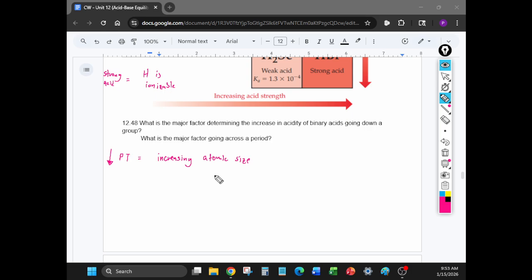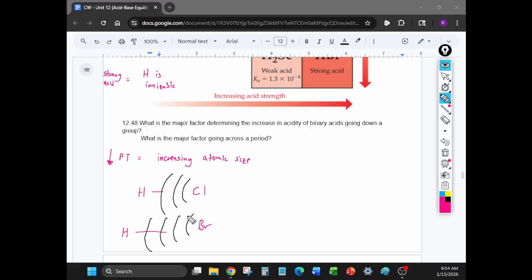And if the element that hydrogen is attached to is bigger, that means it's going to be easier to remove the hydrogen. So for example, let's start with something like HCl. I'm going to draw it a little bit differently just so you can visualize it. Cl has 3 shells: 1, 2, 3. So this is our relative distance between hydrogen and chlorine. But if we go down the periodic table to Br, Br is going to have 4 shells: 1, 2, 3, 4, and then hydrogen right here.